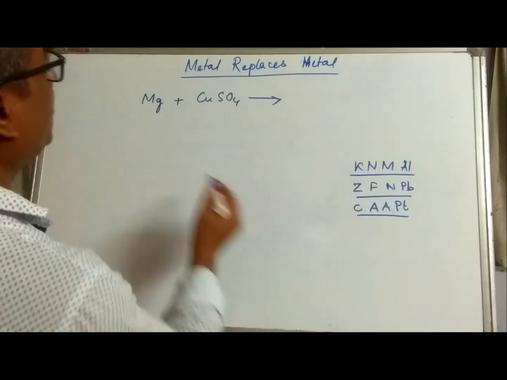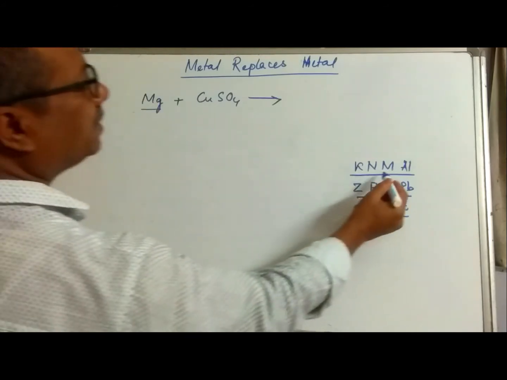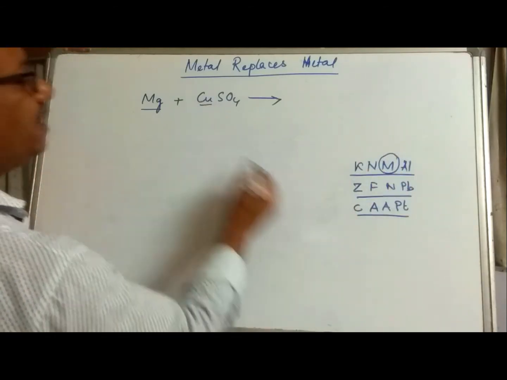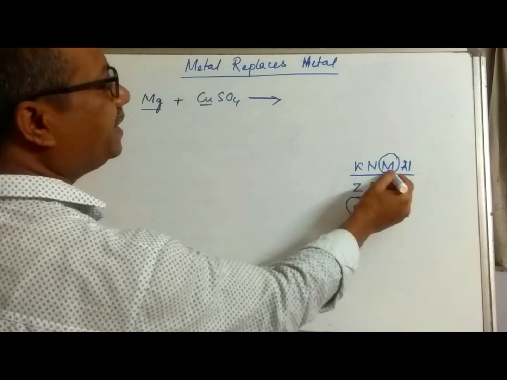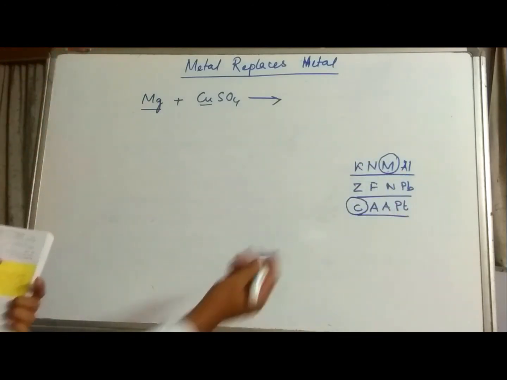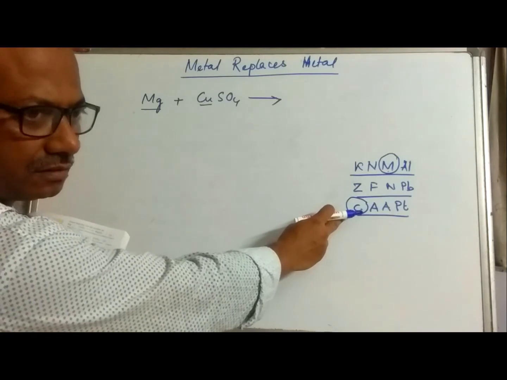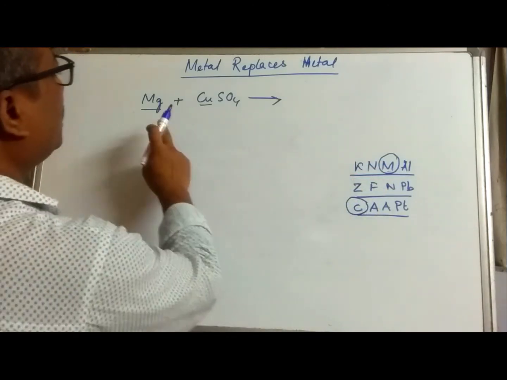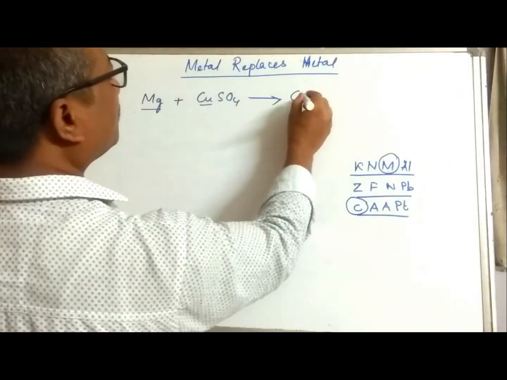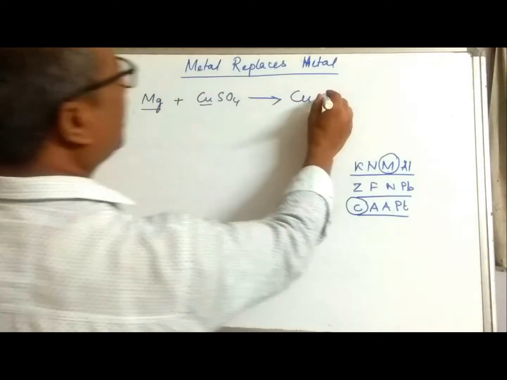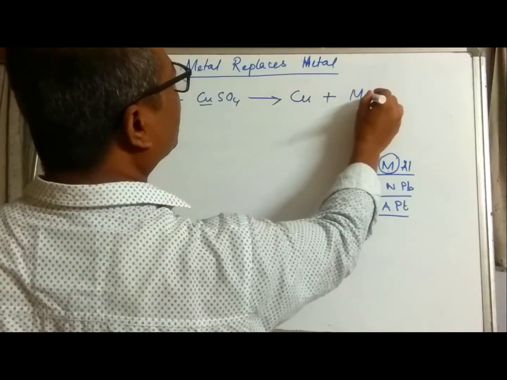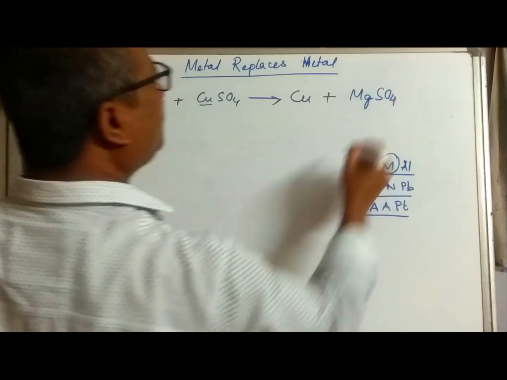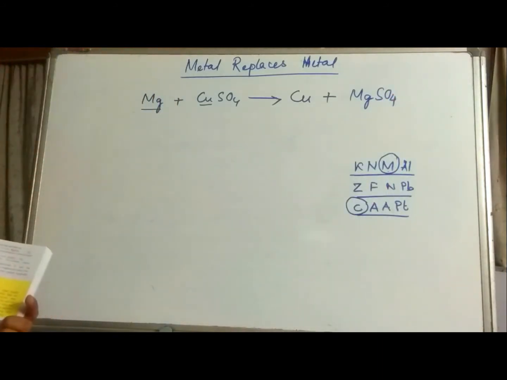So here you see this one the magnesium, and this one the copper. Magnesium is more reactive than copper. So copper will be replaced by magnesium, and magnesium itself will form a compound with sulfate, magnesium sulfate.